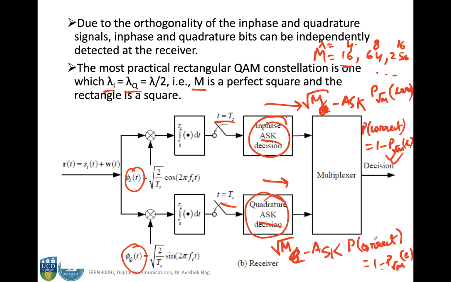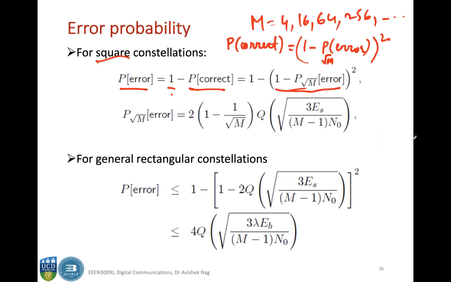So this is again essentially the concept is same as M-PSK, while we are calculating the probability of correct of the two independent arms, and then the probability of correct because of these two arms is the multiplication of these two. So you have 1 minus this error, squared, and then the overall probability of error is 1 minus this term.